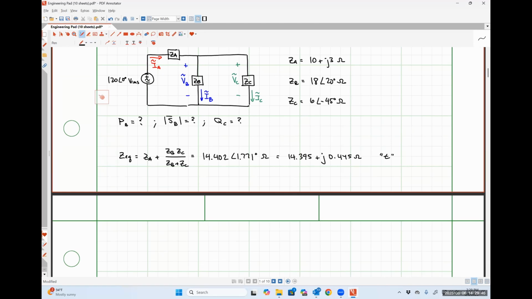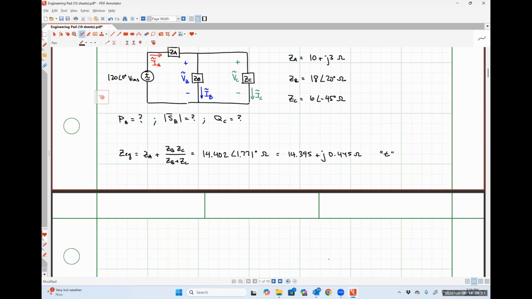All right. So Molly is correct that we can use our equivalent impedance to find IA. So the current IA is going to be nothing more than our source voltage, which is 120 angle 0 degrees volts RMS, divided by our equivalent impedance.